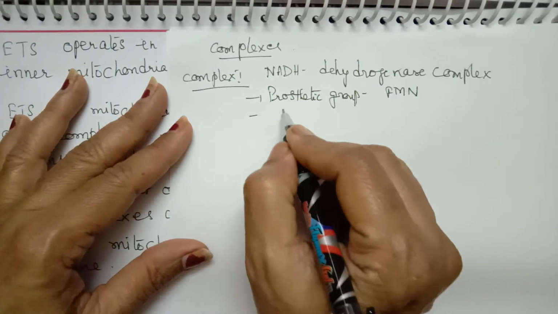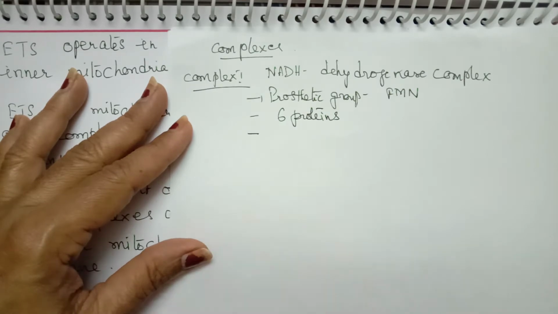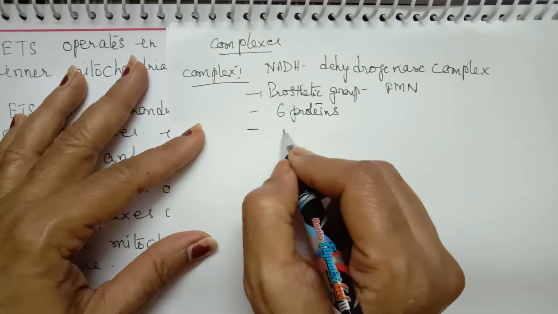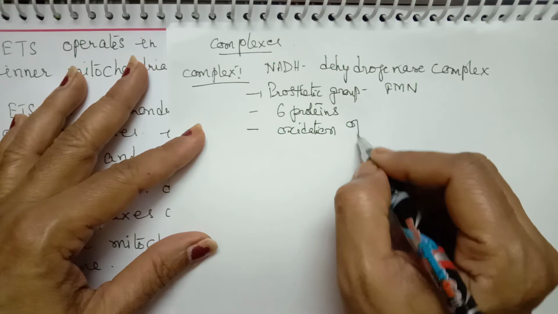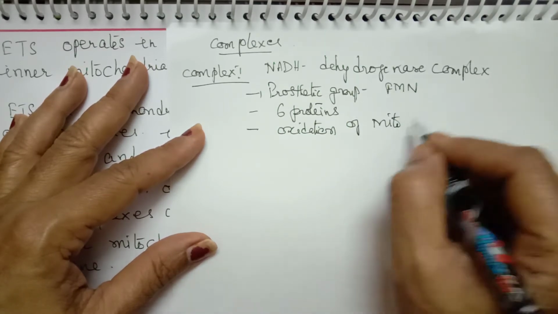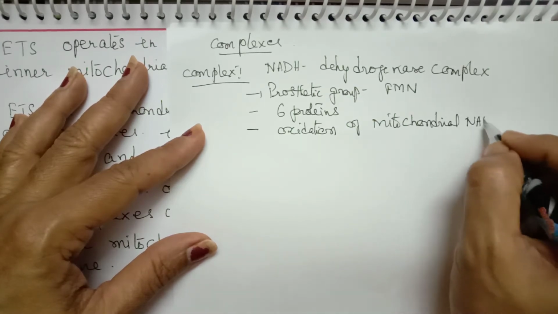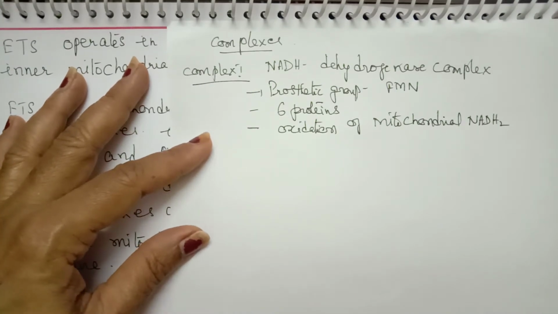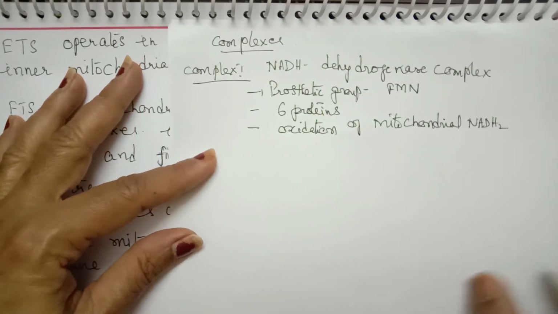And it is made up of about 6 proteins. This complex is involved in oxidation of mitochondrial NADH2. The NADH2 formed in the matrix of mitochondria is oxidized through this complex. That is called the first complex, complex 1.